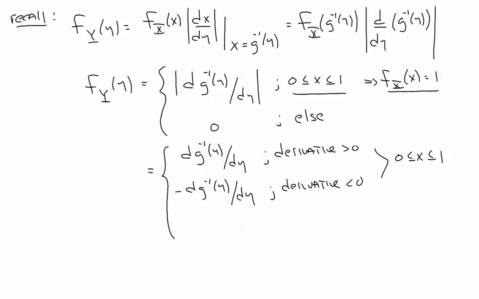If my derivative in this middle step is positive, then I can simply throw away the absolute values. If the derivative happens to be negative, I can make it positive by throwing in a minus sign. That's equivalent to an absolute value. In both cases so far, x is on the range 0 to 1, and then it's 0 elsewhere.